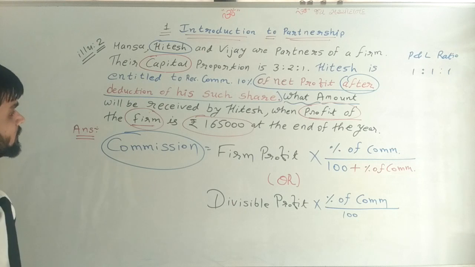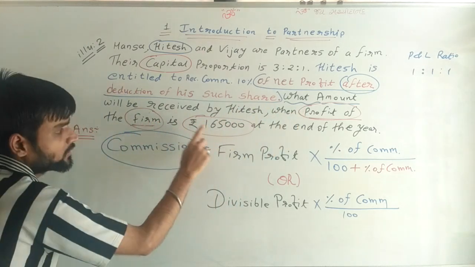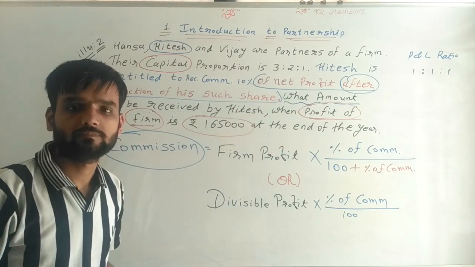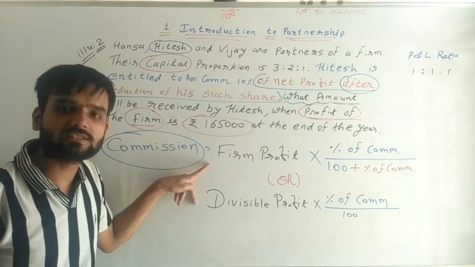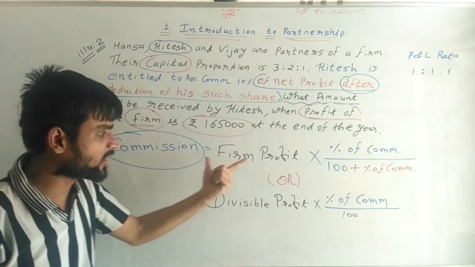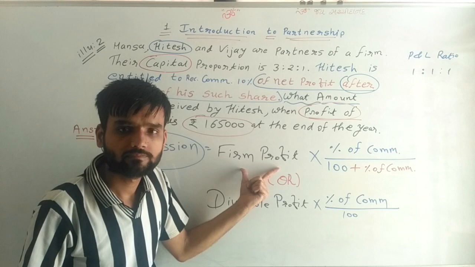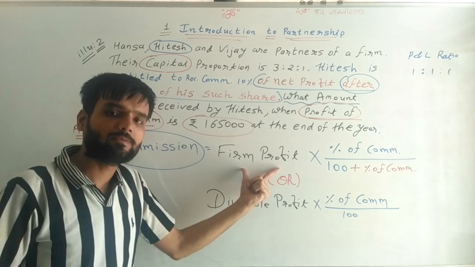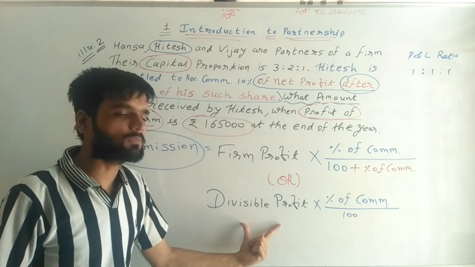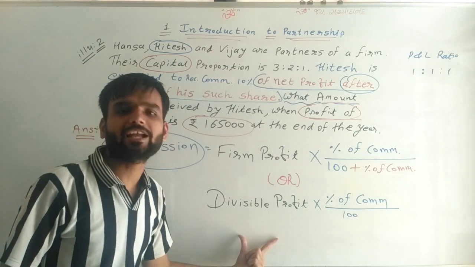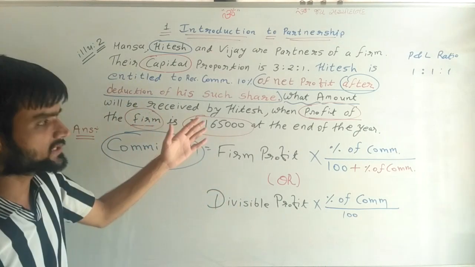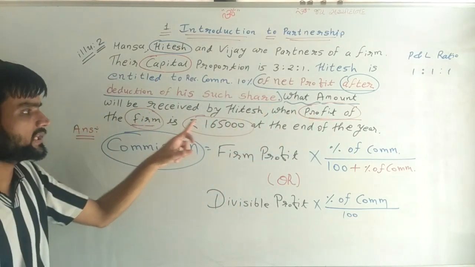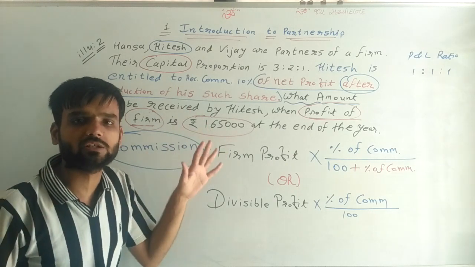So the profit of the firm, 1,65,000, is given. So here there are two formulas. If the profit of the firm is available, then use this first formula. If divisible profit is available, then use the second formula. Sir, in this sum, the profit of the firm is 1,65,000 rupees.